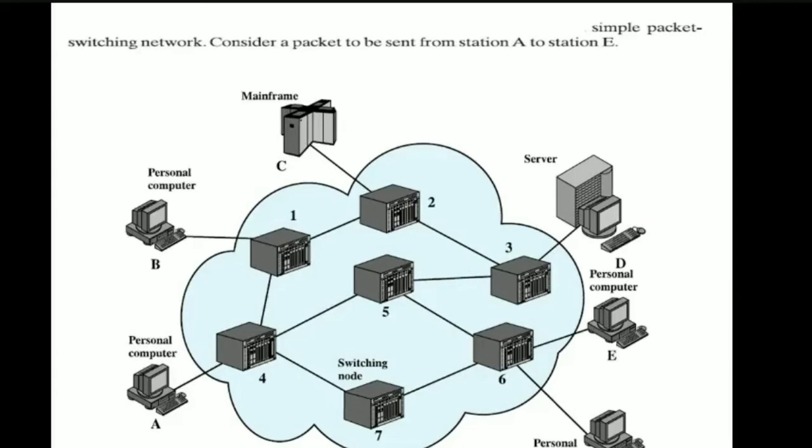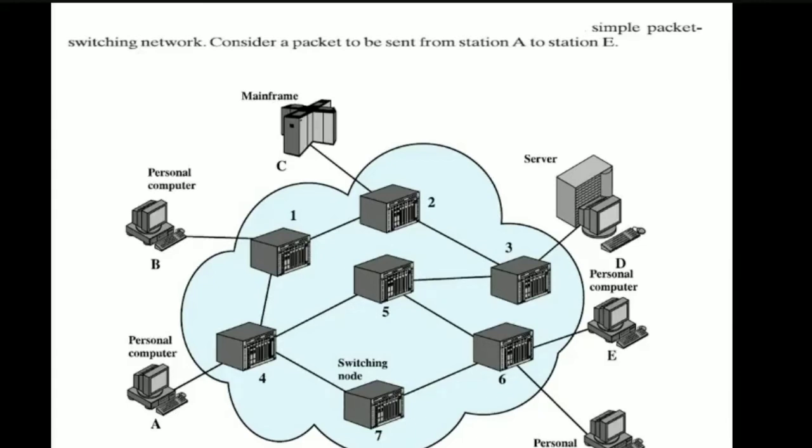So now what it does, it queues the packet on the outgoing link, that is 4 to 5. Do remember this point, it will not immediately send the packet from 4 to 5. It queues the packet in the link 4 to 5. Why is it queuing the packet? Because at that moment of time the link is not available.